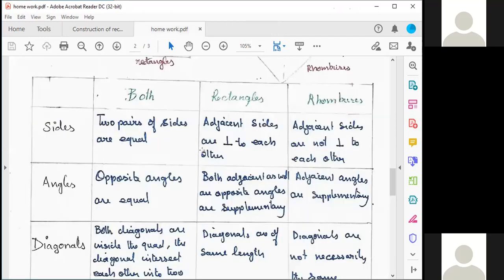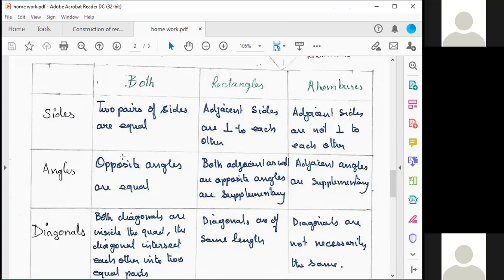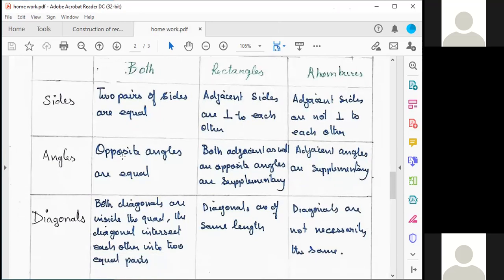Okay. And we have rectangles and rhombuses. Rectangles and rhombuses are more interesting. Any guess why? Why are rectangles and rhombuses more interesting?